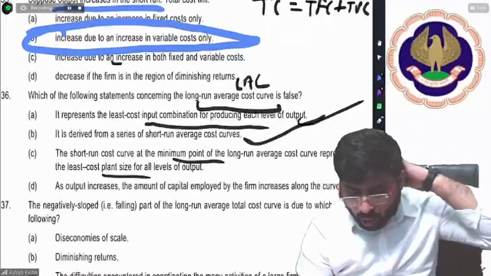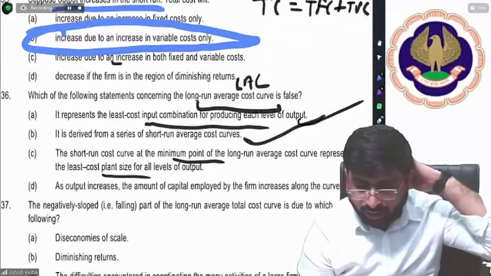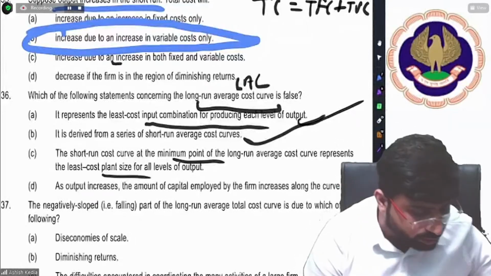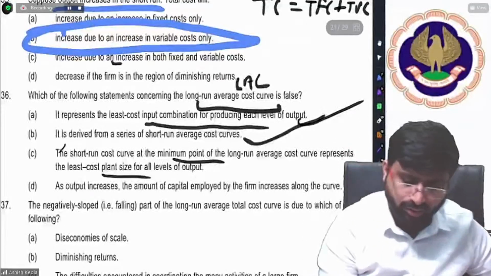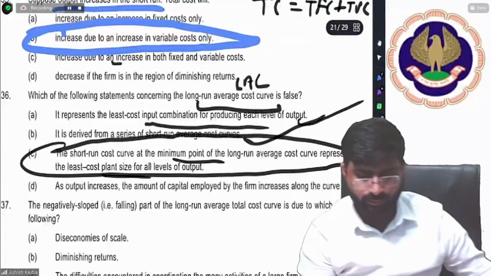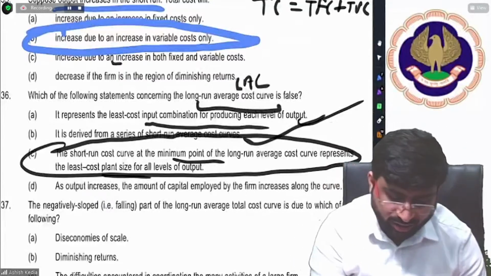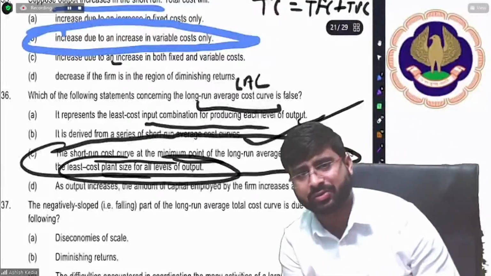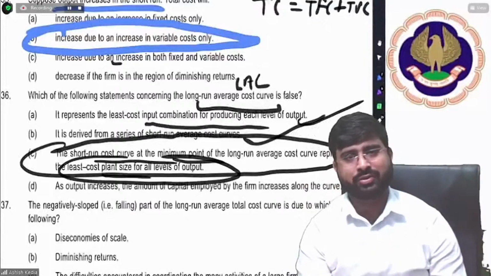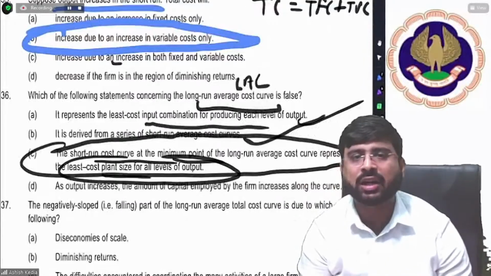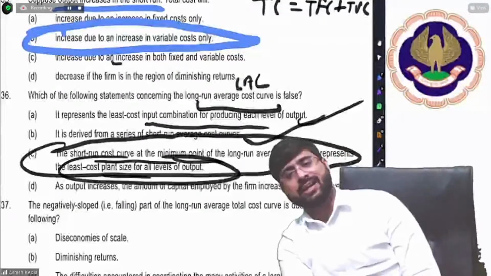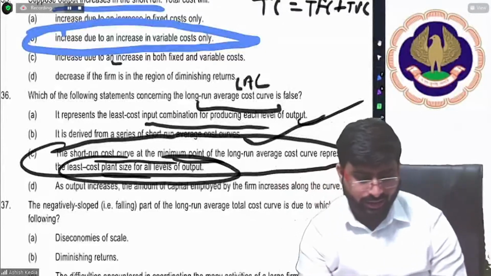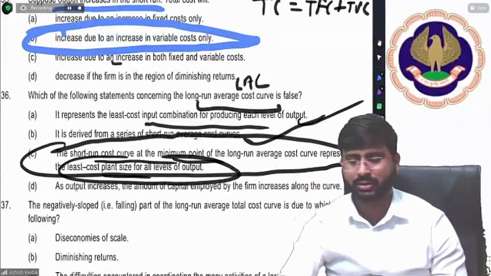And finally, as output increases, the amount of capital employed by a firm increases along the curve. So see, this one is false. The short run curve's minimum point doesn't reflect the minimum for all the curves. It's only for that particular curve. The minimum of one SAC curve is not the minimum of the entire LAC curve. It is the minimum of only that SAC curve itself. And therefore 36C would be our answer.